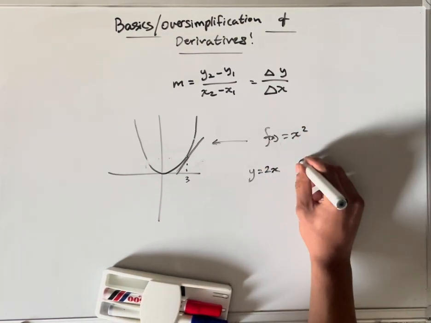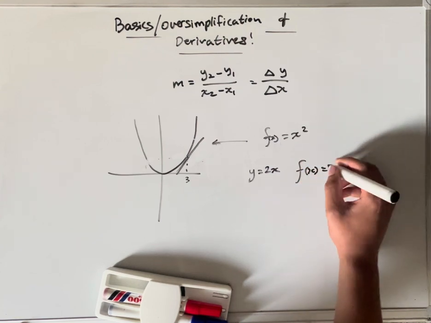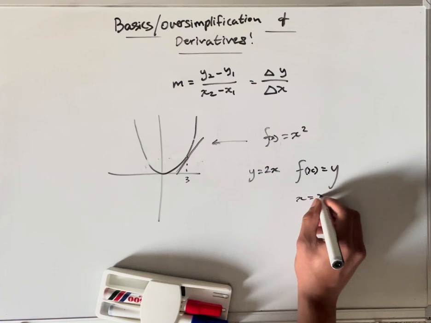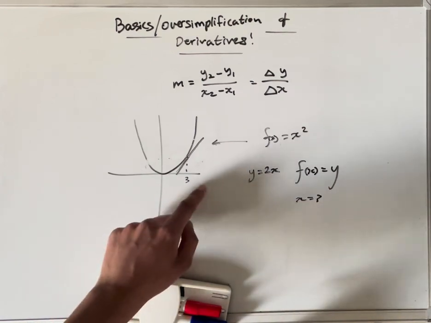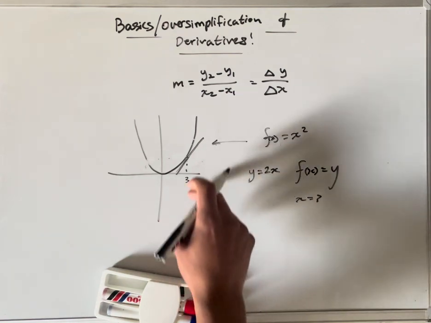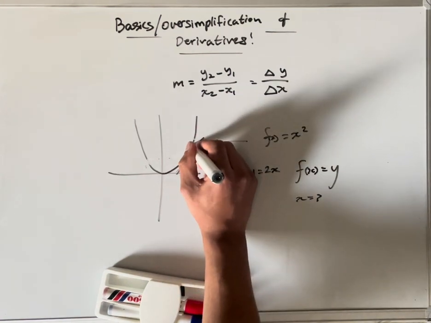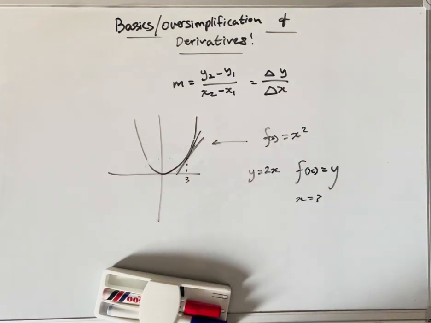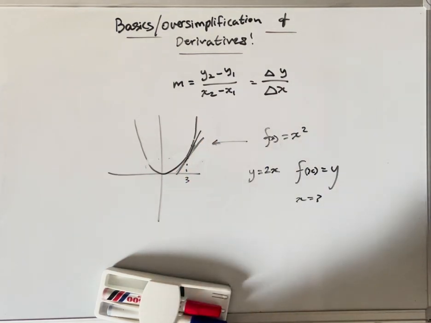So when f of x is equal to y at the point where x is equal to 3. So this means that the derivative at that point is completely different than the derivative at 4, because at 4 it would be sloping upwards more. It's kind of hard to see on the whiteboard, but it would be a completely different derivative.